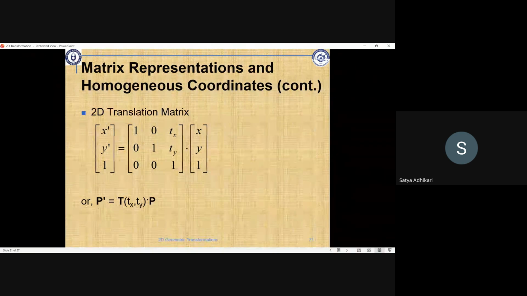So this is the matrix representation of the translation matrix in homogeneous coordinates.